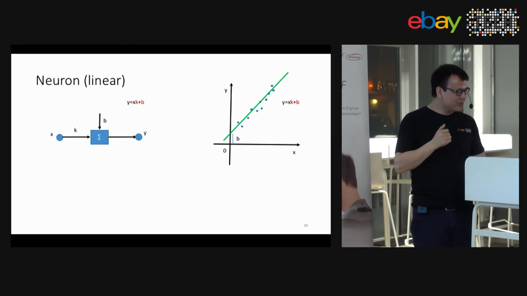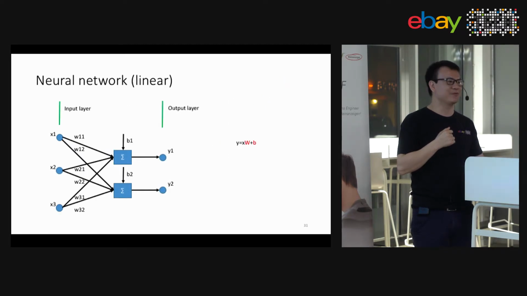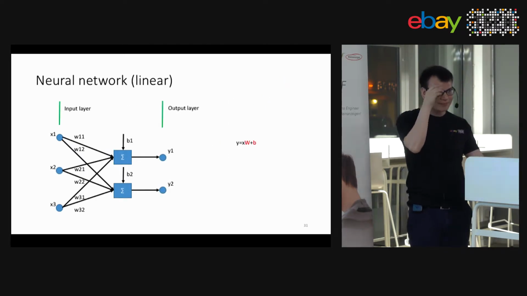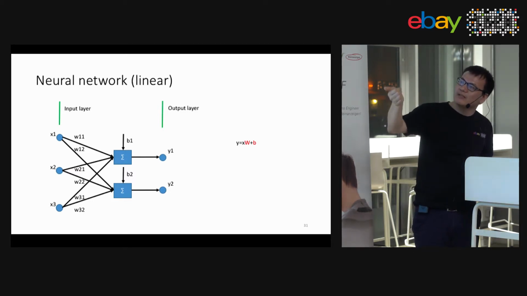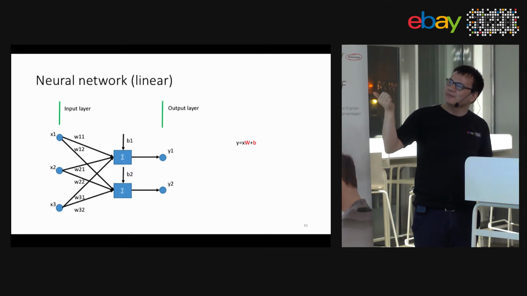And what can we do if we have multiple neurons, or a neural network? In the next slide, we have 2 neurons. And what can this network do? Now we can see that we have 2 layers. One is the input layer, one is the output layer.